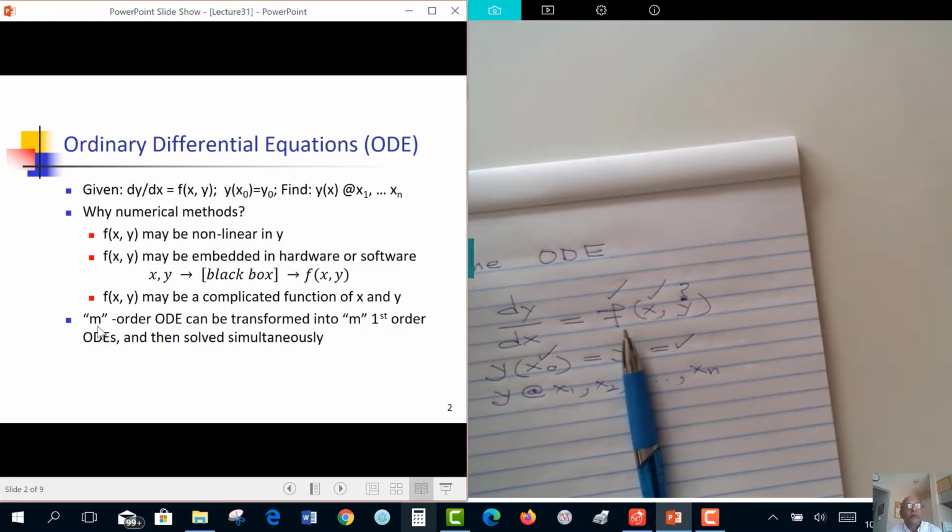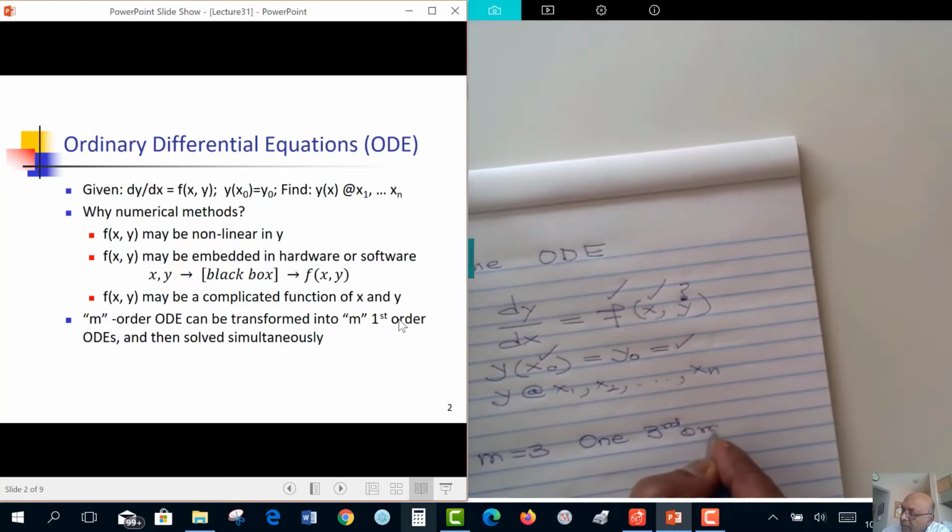So in this course, we will be able to solve any order ordinary differential equation, so an m-order ordinary differential equation. And we'll find out that we will solve them by first transforming them into m first order equations. So suppose m is equal to 3. So we have one third order equation, and I'll define order in a moment.